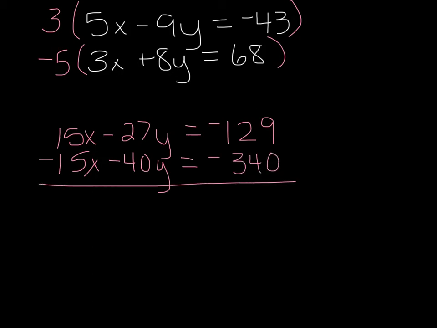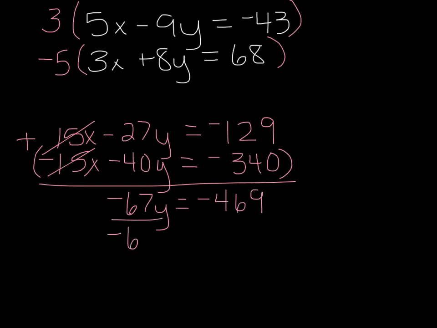Okay, so now if you look, our x's are the same, so now they're going to cancel out. So we want to add these two equations together. So 15 plus -15, those will cancel out. -27 plus -40 is -67y. -129 plus -340 is -469.